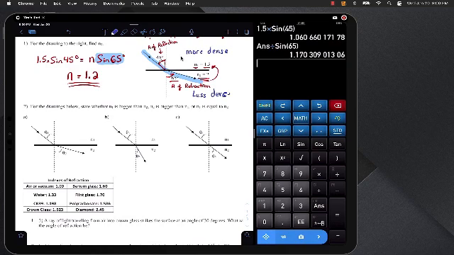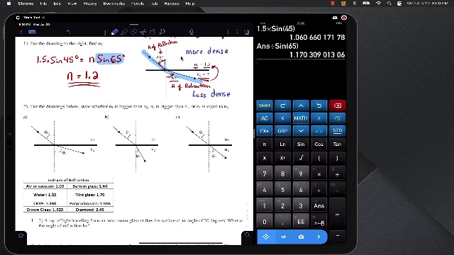If it bends away from the normal, it's going into a material that is less dense. It'd be like going from carpet onto a tiled surface, or in this case, 1.5 is usually what we'd use for describing glass. And the 1.2 might be going into, let's say, something in between water and maybe ethyl alcohol, something like that. I don't know the index of refraction for ethyl alcohol, but it's got to be somewhere in between there.